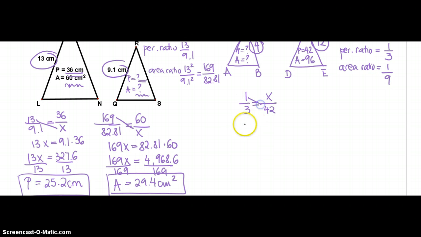We cross multiply. 1 times 42 equals 3x. Divide both sides by 3. And we get P equals 14 millimeters. So there's the perimeter.